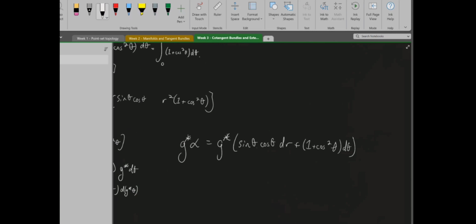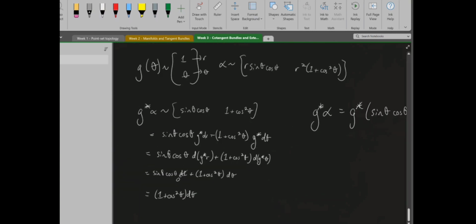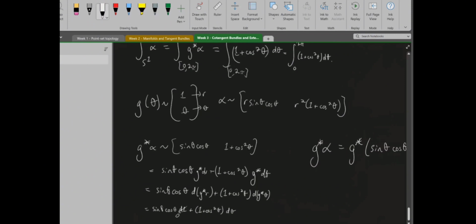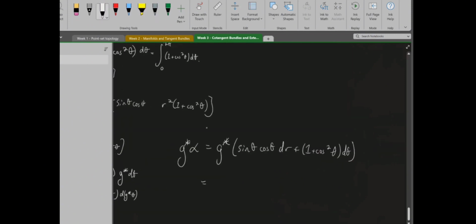And so you just say, okay, take g, replace the r and theta components with whatever they are in g, so 1 and theta, and this becomes sine theta cosine theta d1 plus 1 plus cosine squared theta d theta, replacing theta with theta, of course. This all goes away and you're left with just this. So it's really not a bad computation. I just took forever to do it. Okay, so pullbacks are nice.